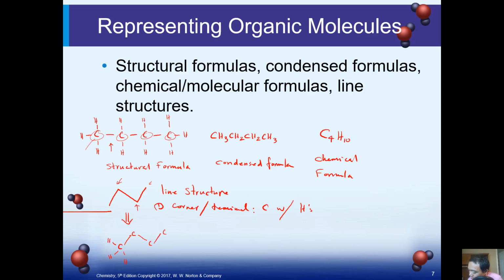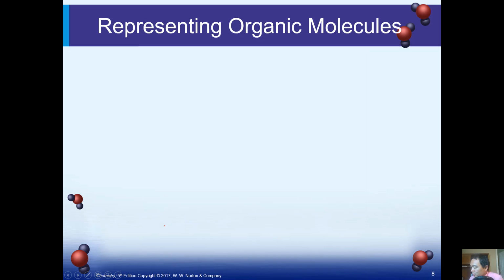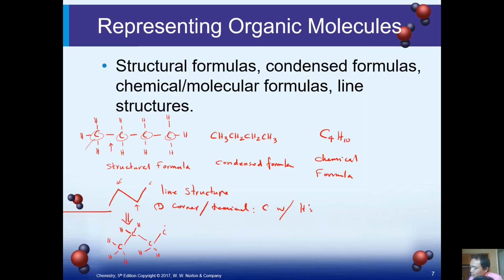For the second one, you're going to put 2 hydrogens to it. Similarly, for this carbon, you need 2 more. The last one, you would need 1, 2, and 3 hydrogens.